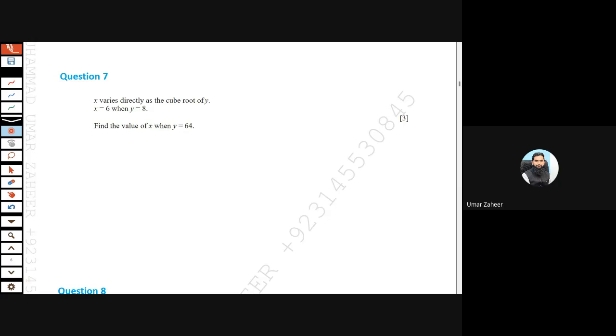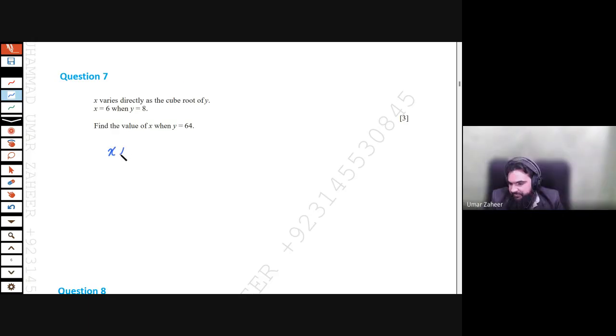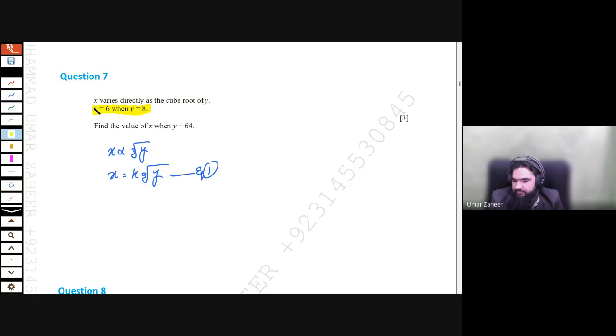He says that x varies directly as the cube root of y. So x is equal to k times the cube root of y. Now this is my equation. He says that we have x is equal to 6 and y is equal to 8.